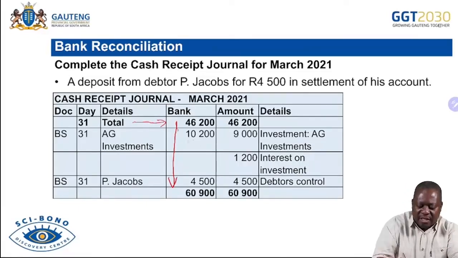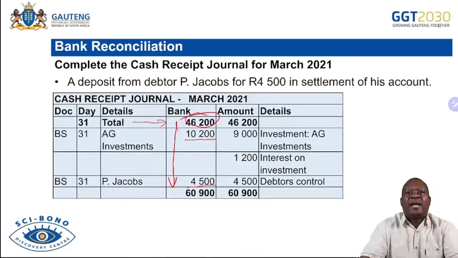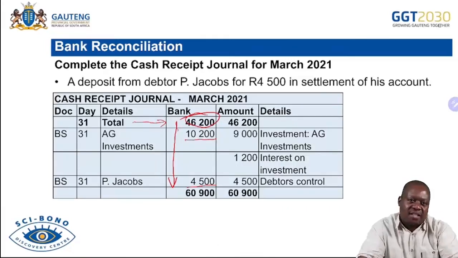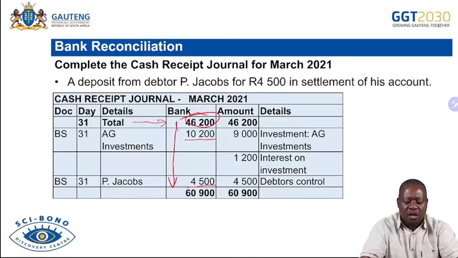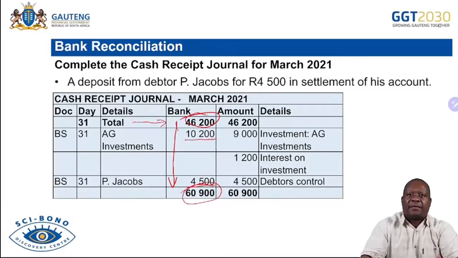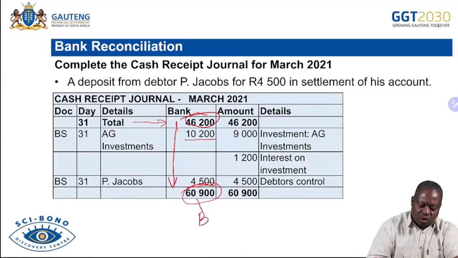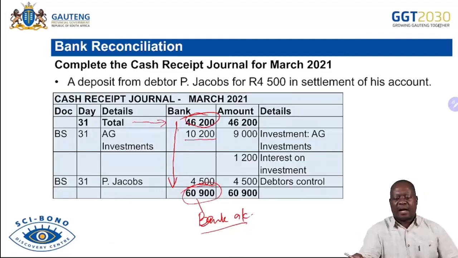Learners, because they are the ones that recorded these two figures, they will remember to add only those two figures, and they forget to add the figure that is already typed in on their answer sheet. Remember, we must total everything, including the total that we are finding on our answer sheet. So the total now that we have is 60,900. Please take note, this goes where? To the bank account. The reason why we are updating this is to find the figure that we should total and transfer to our bank account.